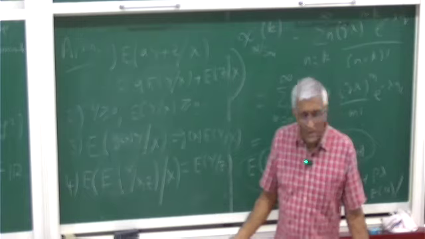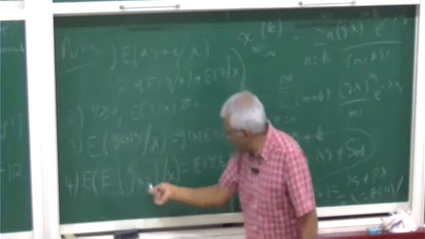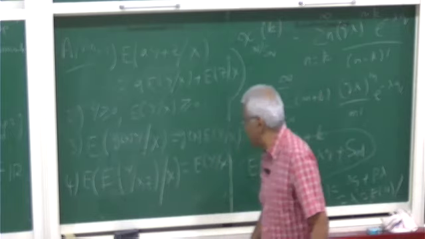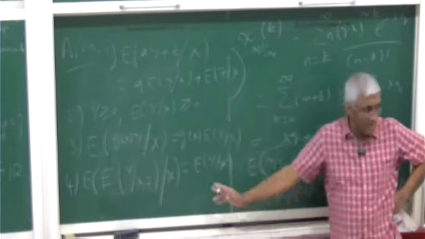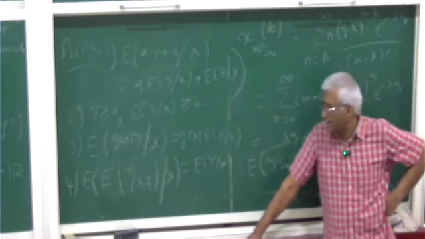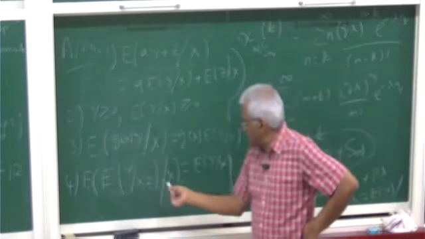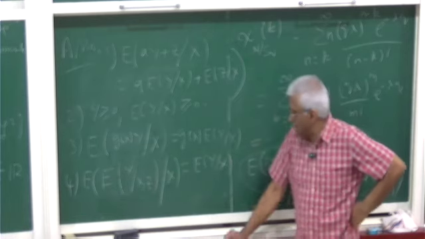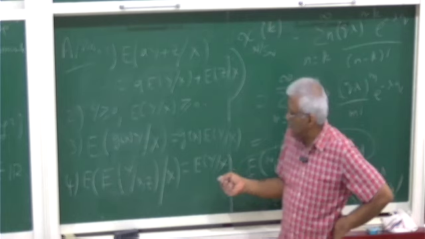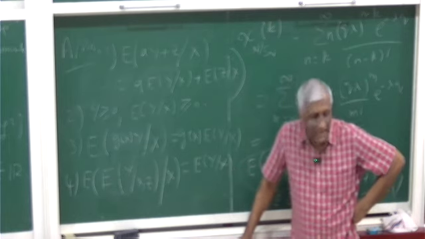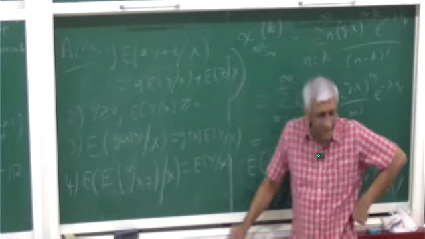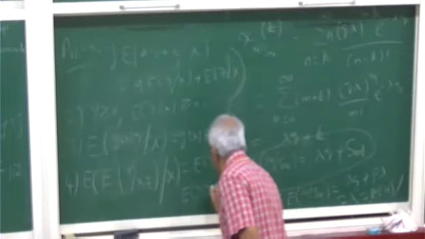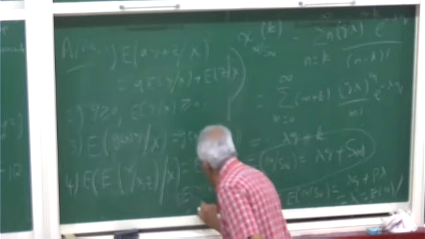Similarly, if you have the y thing and then take the x, the z has no role. Sorry, x has a role. I'm sorry, this is not z. If you take the expectation of y given x and then take the expectation, you get E of y itself.